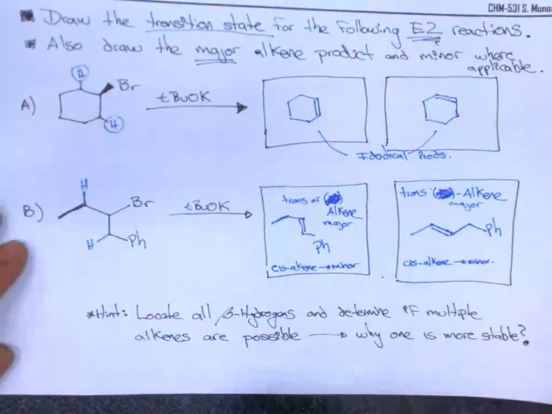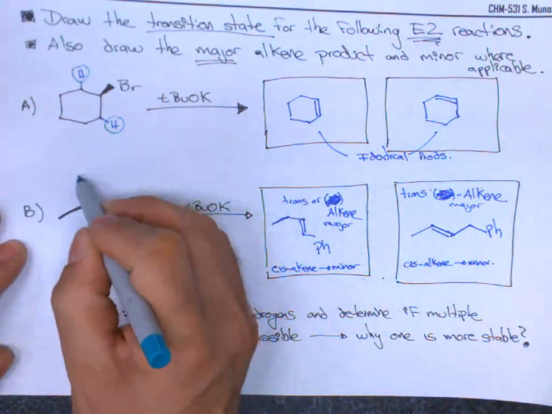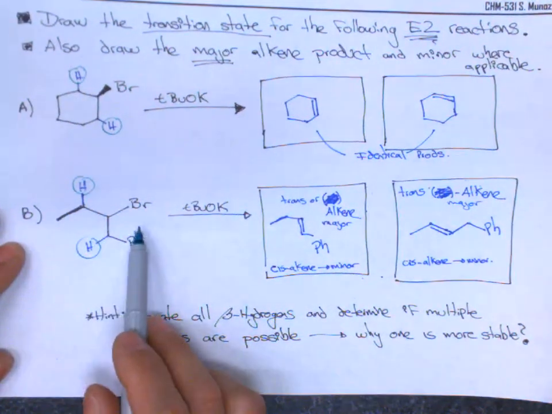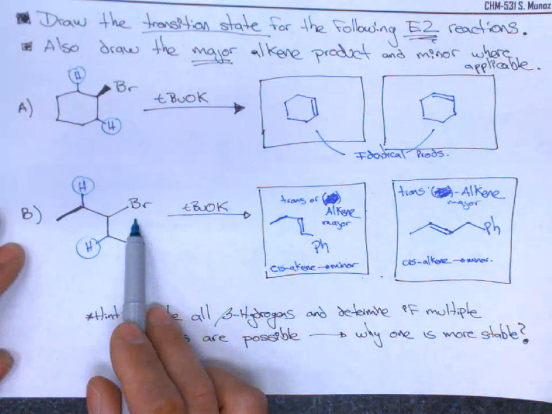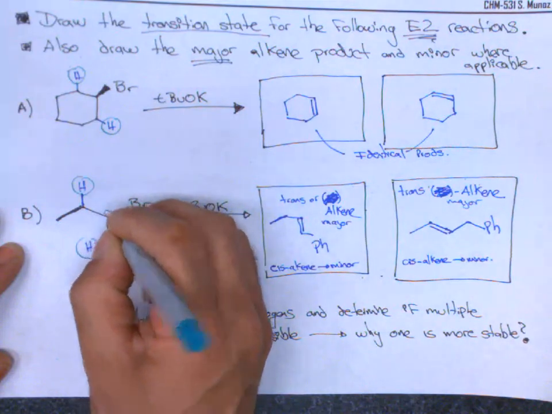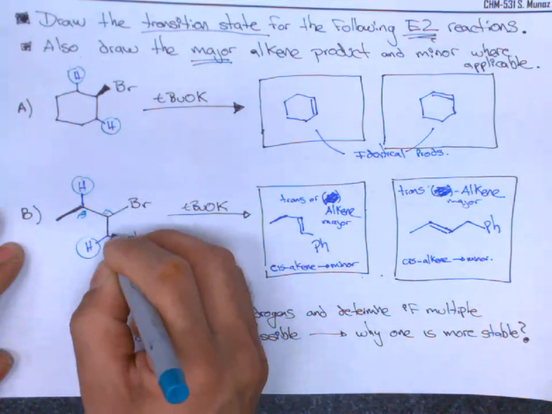And you will be able to recognize that now we have two distinct beta protons. Beta hydrogens are referred to with respect to the halogen atom, the leaving group. So if you recall, this is the alpha position, and these are the beta positions, and we have two of those.